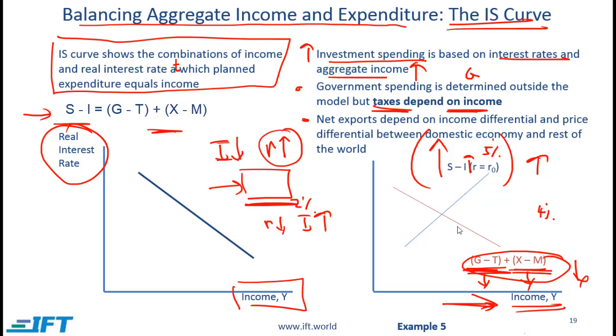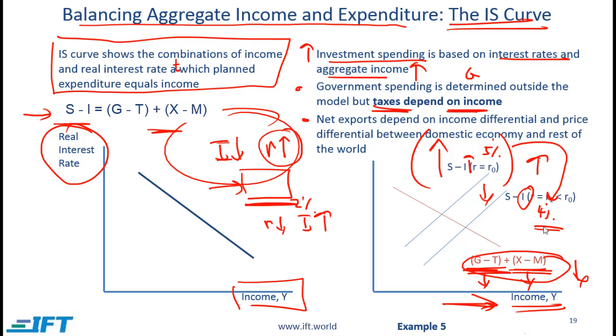Let's say now that the real interest rate comes down from 5% to 4%. What will happen to this S minus I line? It will shift down. Why? Because at a lower level of interest, the investment number will go up, and we've talked about this earlier.